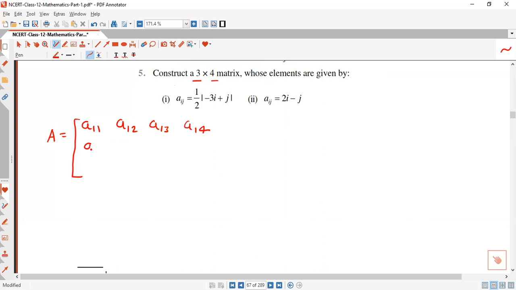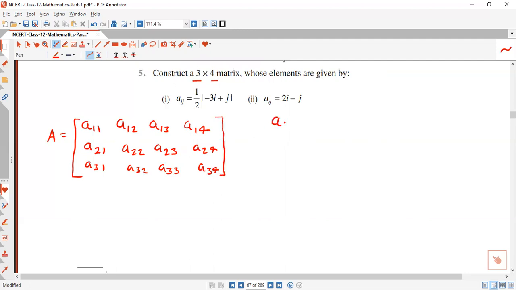Then we have A21, A22, A23, A24. We have A31, A32, A33, A34. This matrix we have made.